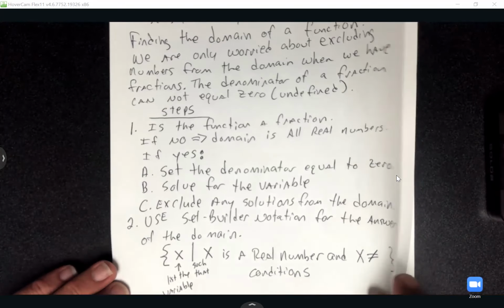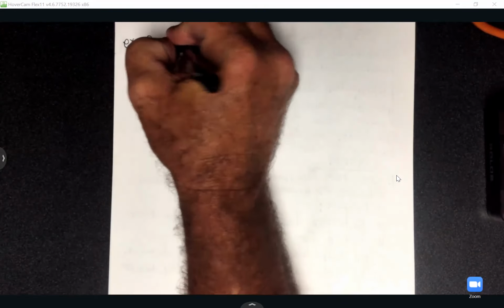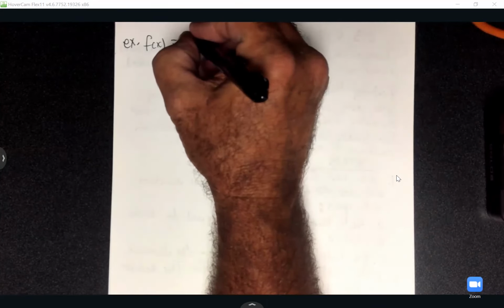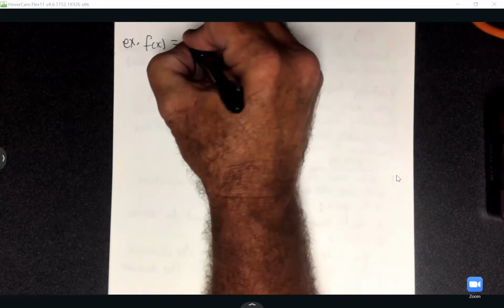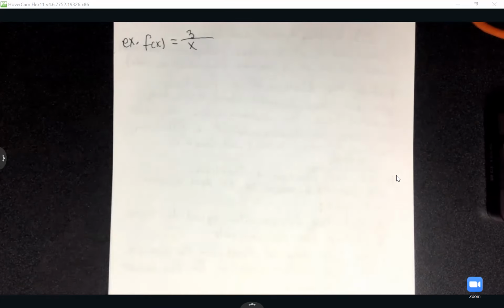So before I do the problems they got, I'm going to do one with you. Just an example here. So say I'm given f of x equals, oh, let's say 3 over x.